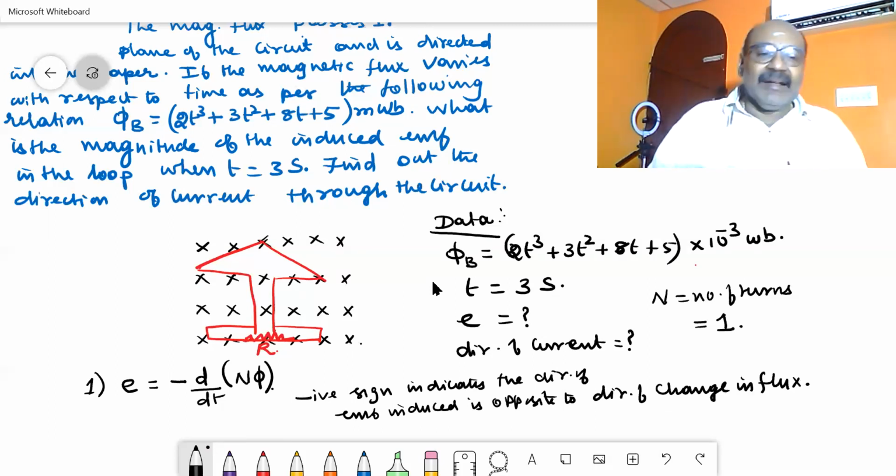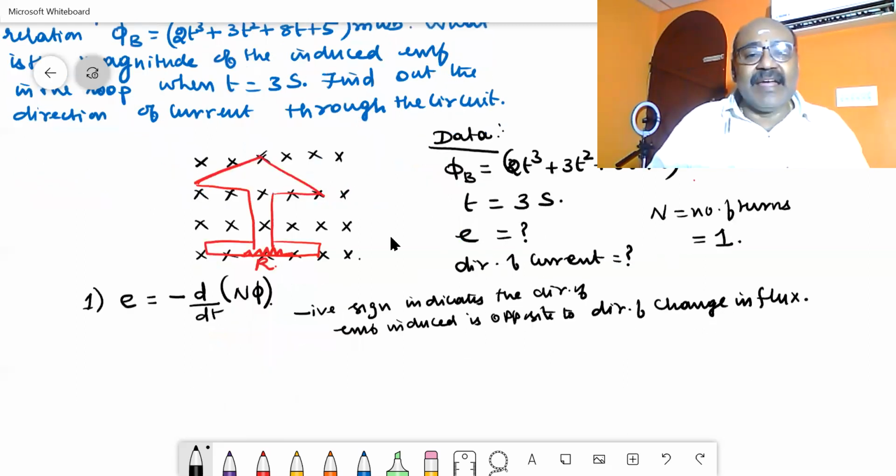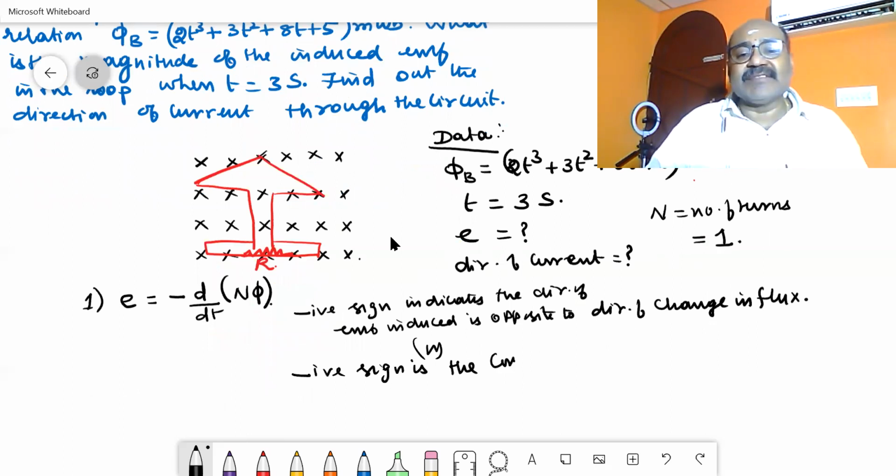So the negative sign is the consequence of Lenz's law.